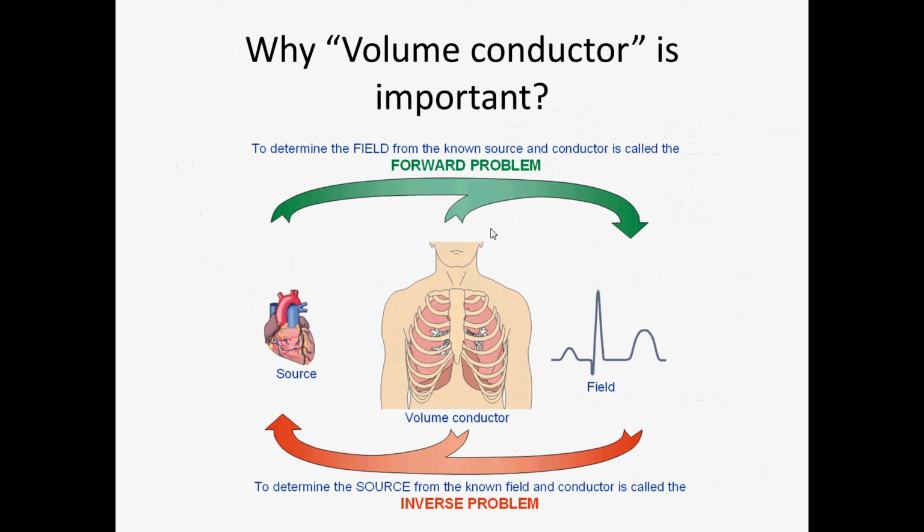So the concept of volume conductor completes the concept I gave you at the beginning of the forward and inverse problem, because now you can see what sits in between, what is the model that you need to use to actually understand what you're doing.